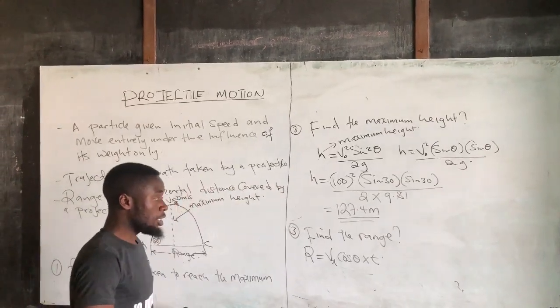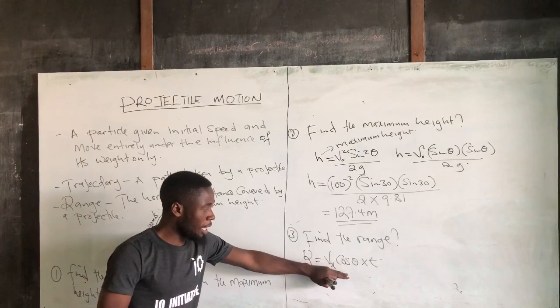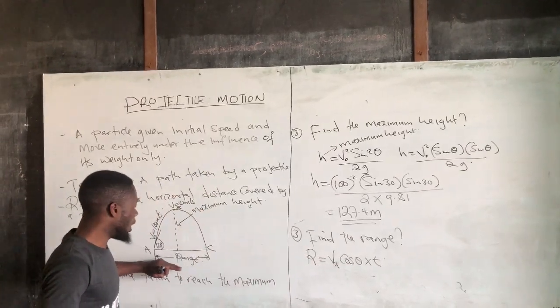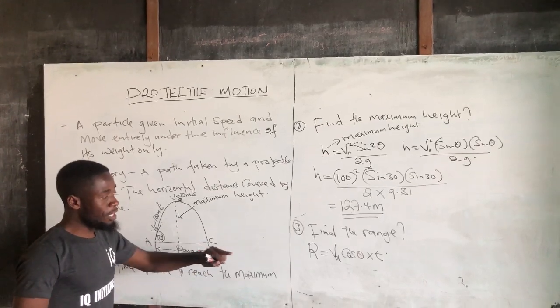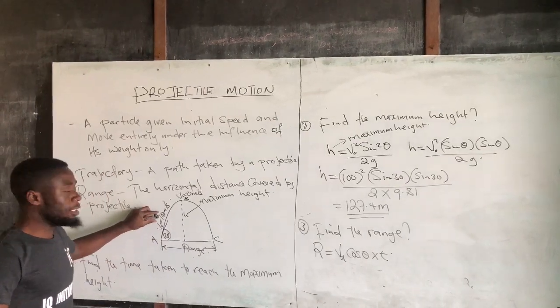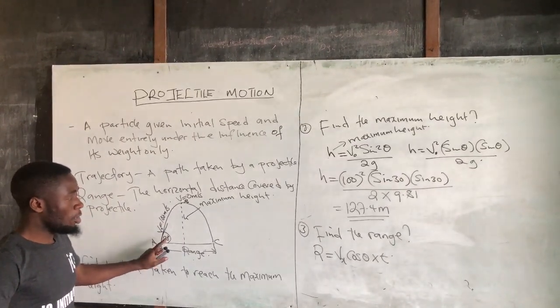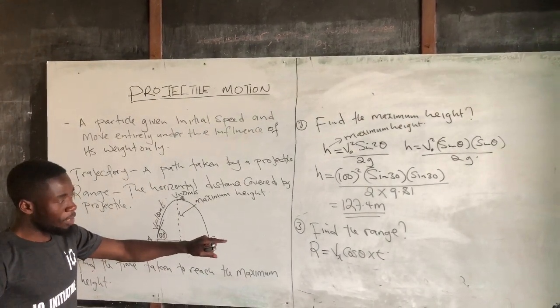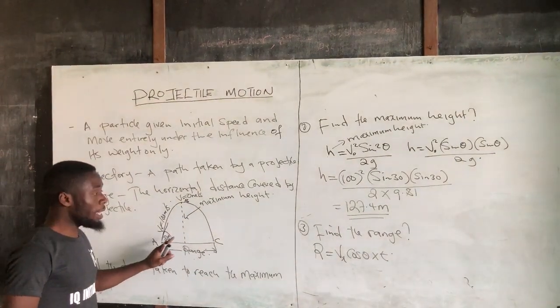We say Vx because this velocity is in the horizontal. So we use Vx cos theta multiplied by what? Time. So what is V? V is the same 100 meters per second, cos theta multiplied by the time that we're using here, which is the time from A to C.